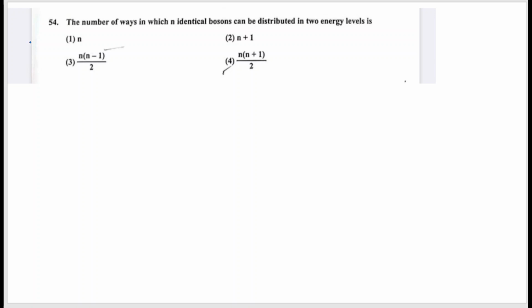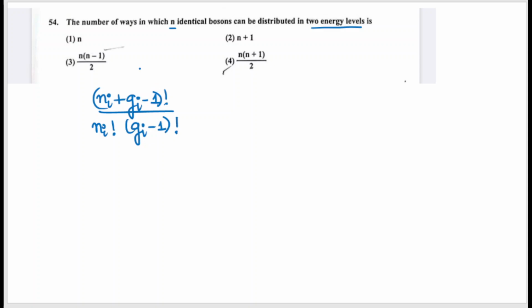What we have? The number of ways in which n identical bosons can be distributed in two energy levels is. So we have a formula. It is a very easy question. The number of ways in which n identical bosons can be distributed in energy levels is given by the formula Ni plus Gi minus 1 factorial divided by Ni factorial into Gi minus 1 factorial.